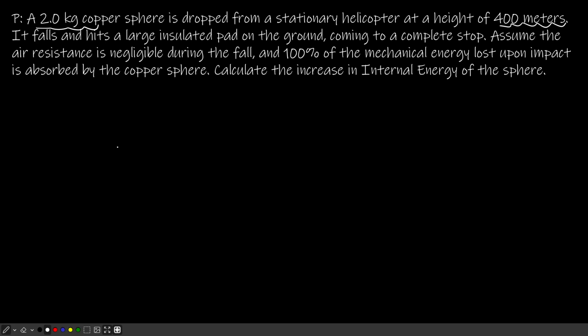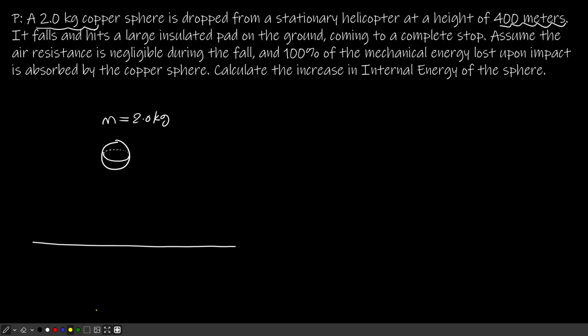So we have a copper sphere. It has a mass m equal to 2.0 kilograms. Now, suppose we have a reference ground, which eventually the sphere will get dropped upon.